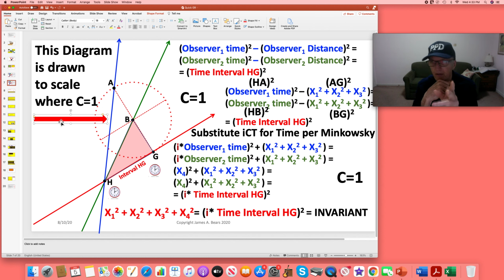But to put the square root of -1 in there, when you take the square of things like observer time squared, if it's ICT, you're going to get I squared, C squared, T squared, basically. Is that true? Yes. So the I squared makes it negative, and it changes things around. But it gives you a beautiful form of the invariant, which is mathematically easier to work with. And finally Einstein gave in, and he did it Minkowski's way.